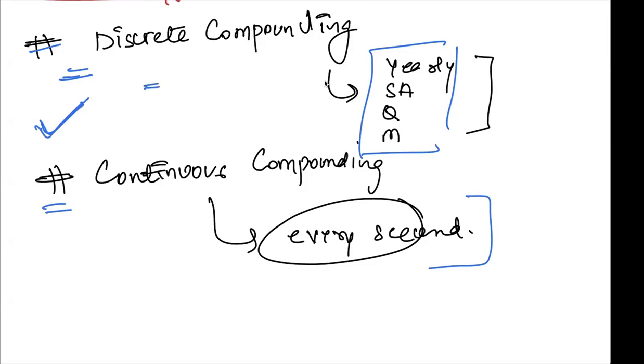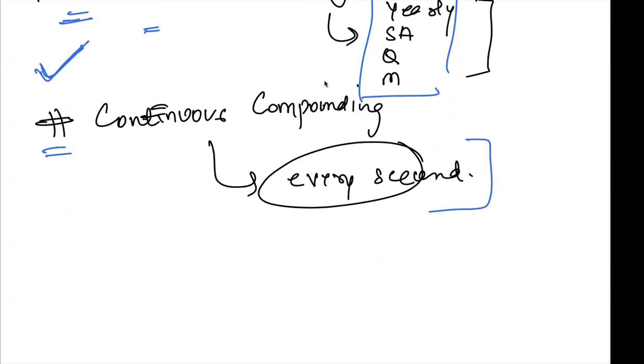So now let me tell you the formula for both of them. We saw that future value is nothing but present value times (1 plus r) raised to the power t. This is the formula for discrete compounding. For continuous compounding, we will have this formula.